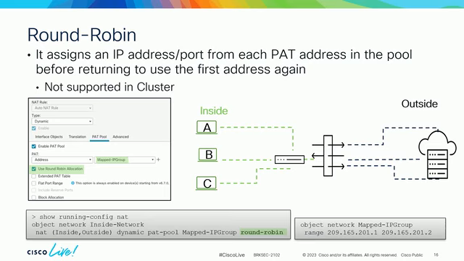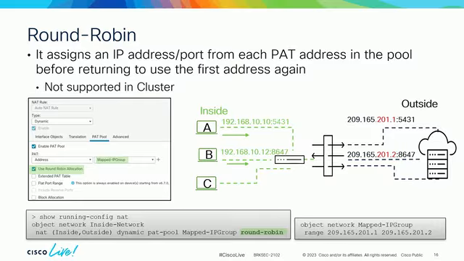So the way it works is that when host A initiates a connection to the server in the outside, traffic from host A will get translated to the 201.1. When host B initiates the connection, traffic from host B will get translated to the 201.2.